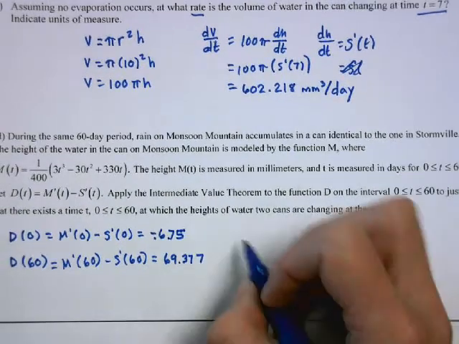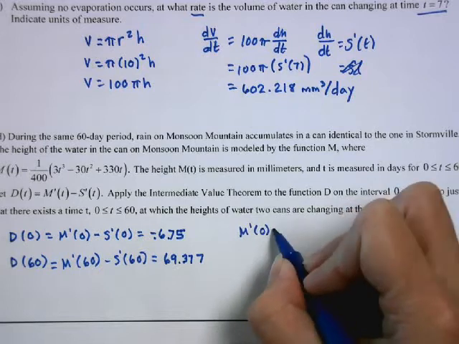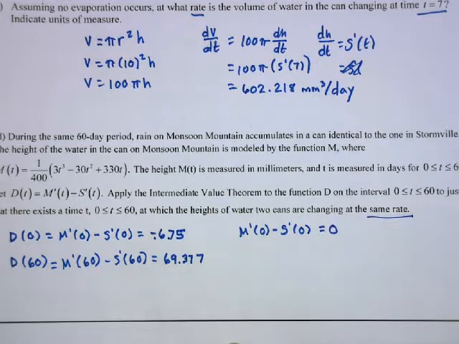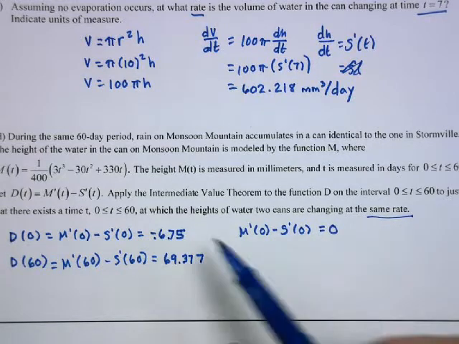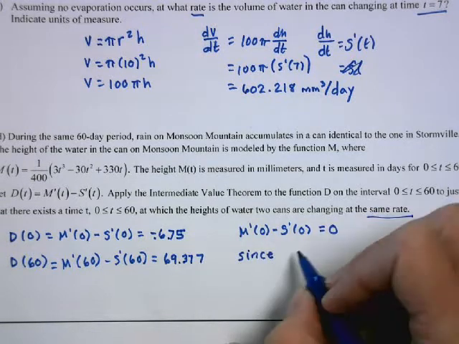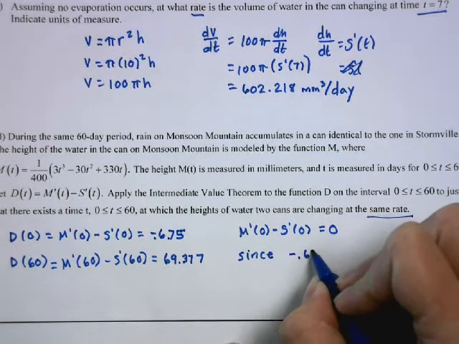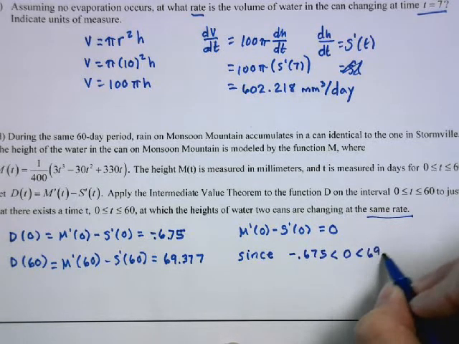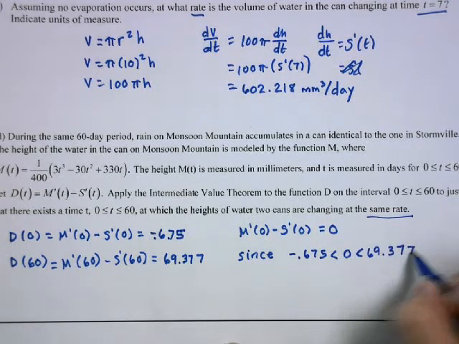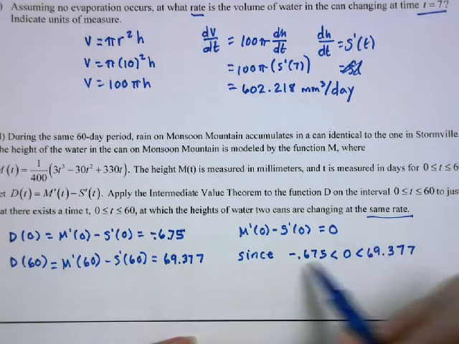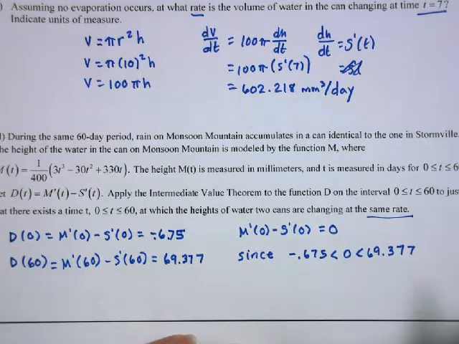Okay, we're using this to show that there is a point in time where they are changing at the same rate. So that means that if M prime of 0 and S prime of 0 are the same, then the difference between them would be 0. Well, by the intermediate value theorem, since negative 0.7675 is less than 0, is less than 69.377, since 0 is in between those, and this is continuous, then we are guaranteed that there is some value that it has to reach.